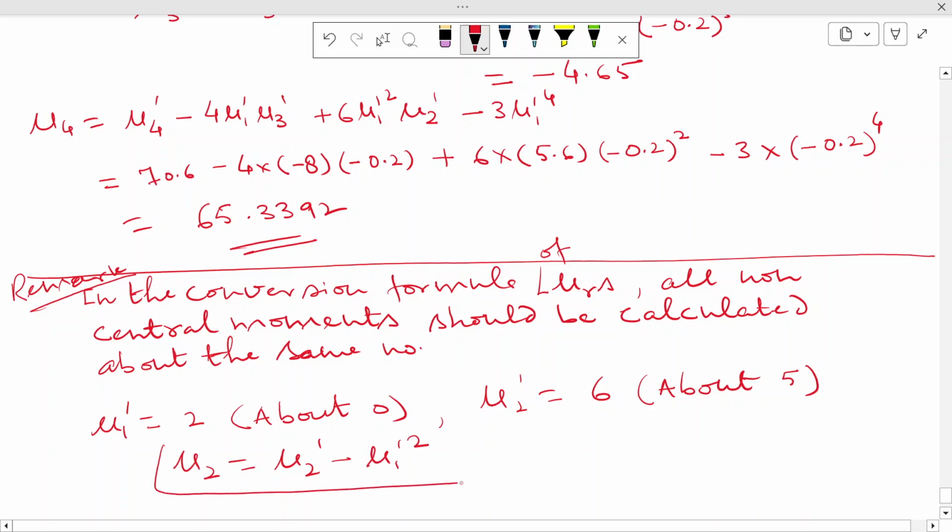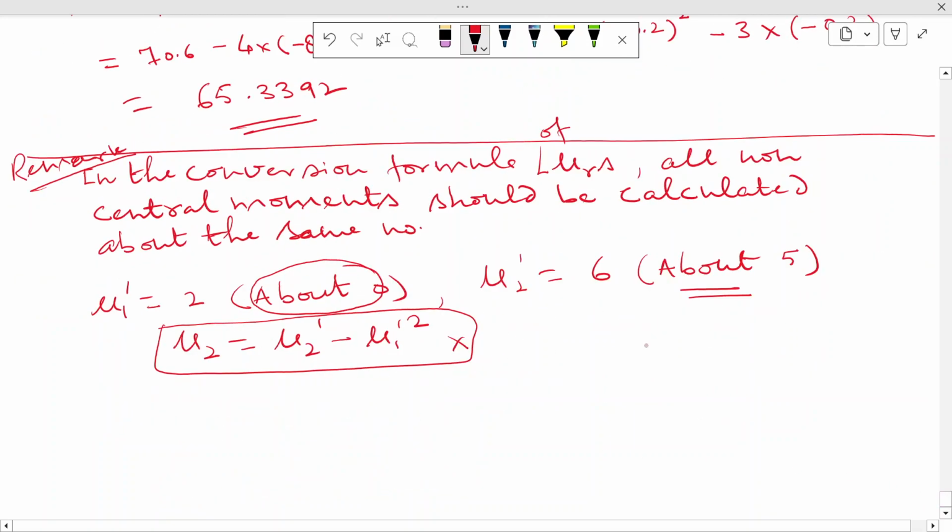You cannot use this formula. Why? Because the first non-central moment is given about 0, while the second non-central moment is given about 5. So we cannot use moments where one moment is given about some number and the other moment is given about some other number. So we cannot use the conversion formula in this case.